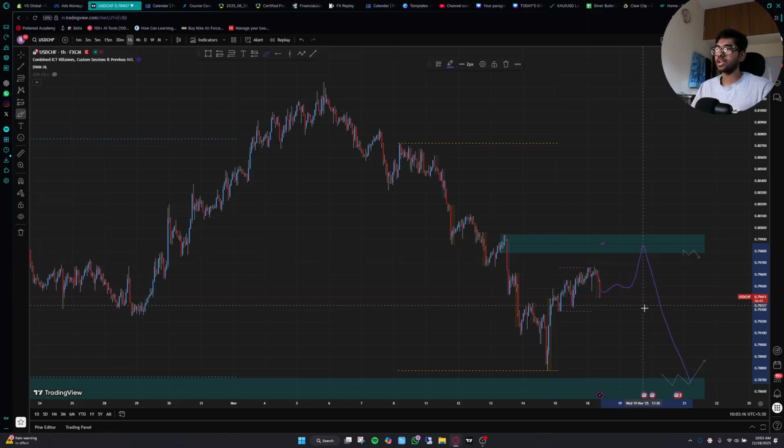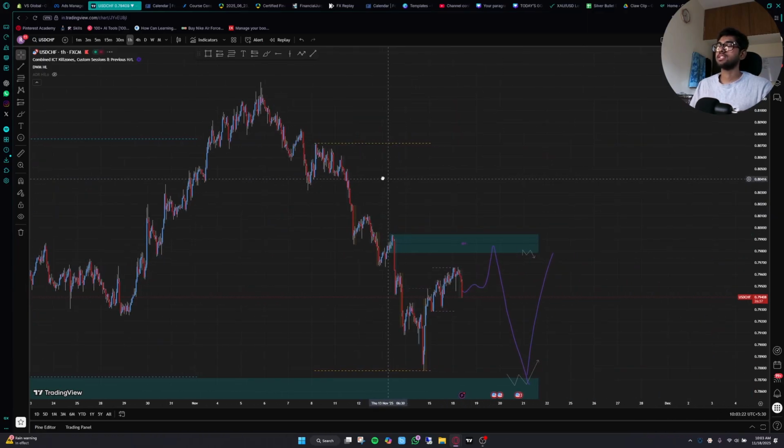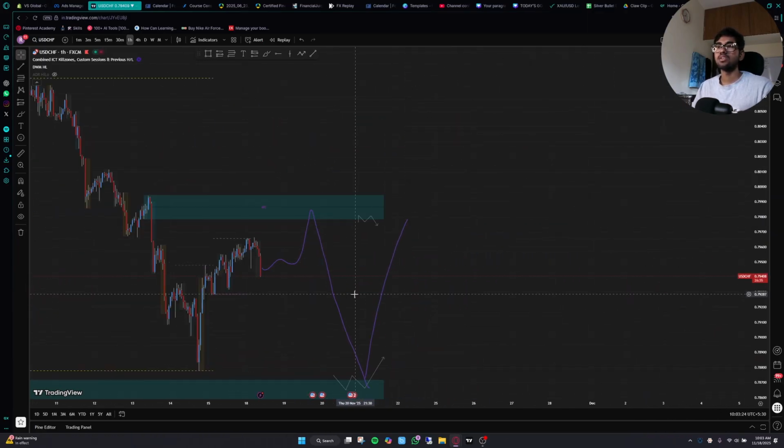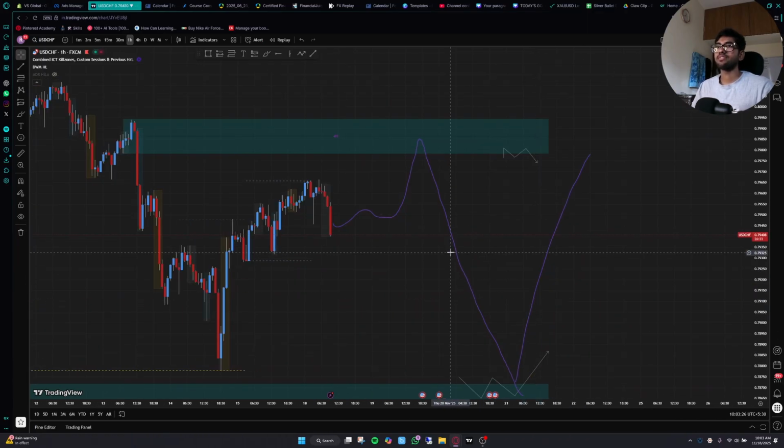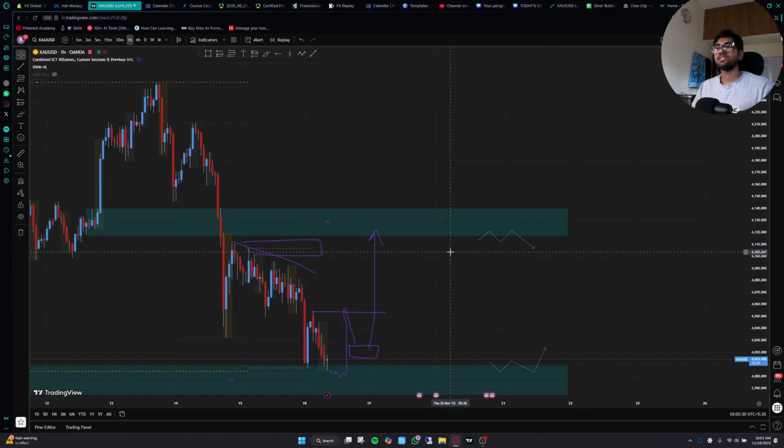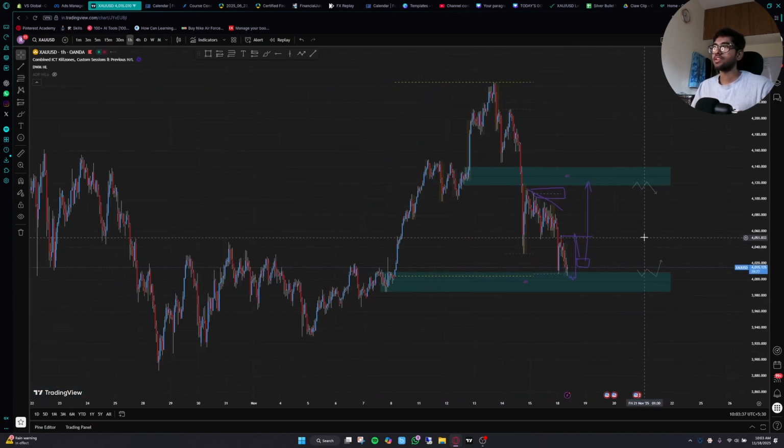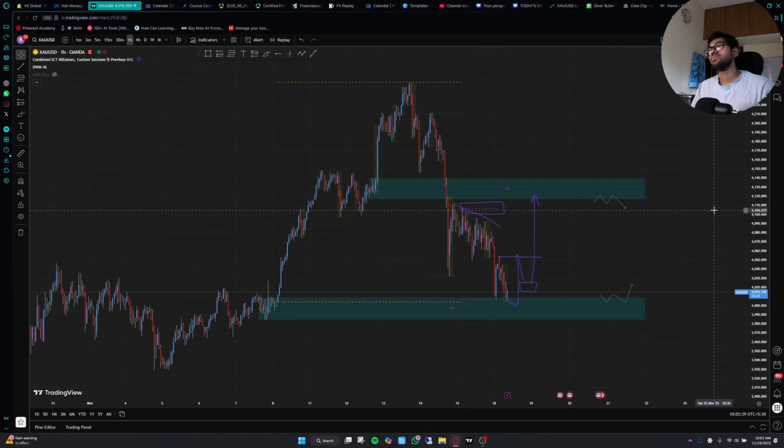So I would be trying to capture this, and I'll be trying to capture this. So this is my analysis for USDCHF. That is it, pretty much. It's a pretty easy analysis for today, but we'll have to wait and see what the actual moves are going to be.